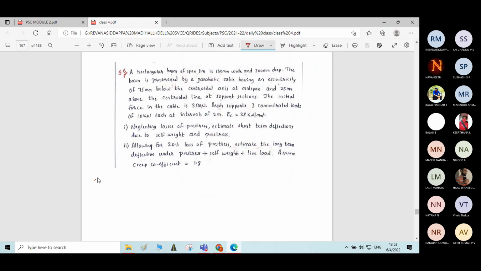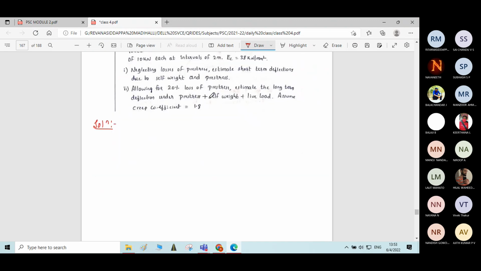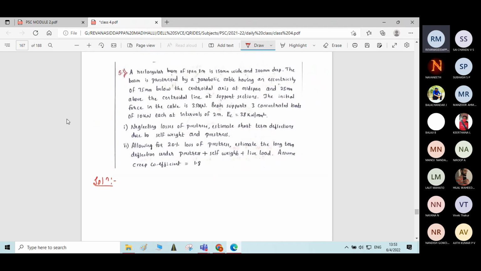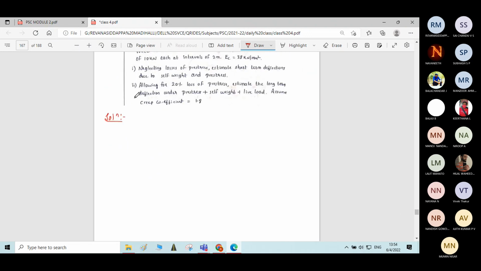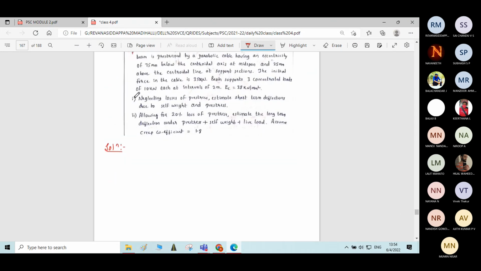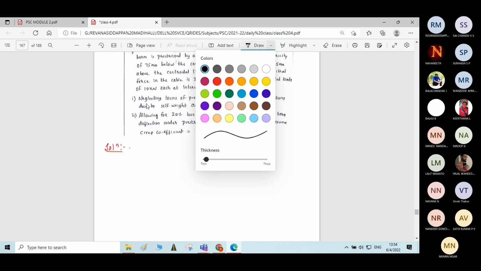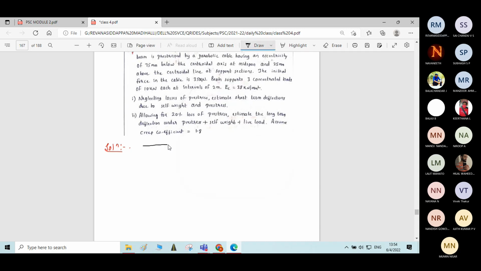Solution. So beam span is 8 meter and it is 150 mm wide and 300 mm deep. Eight meter span.